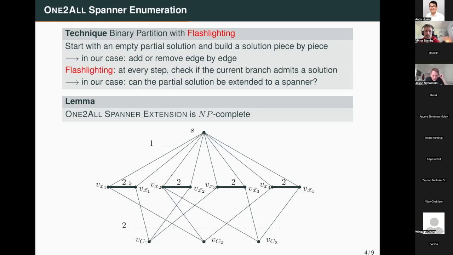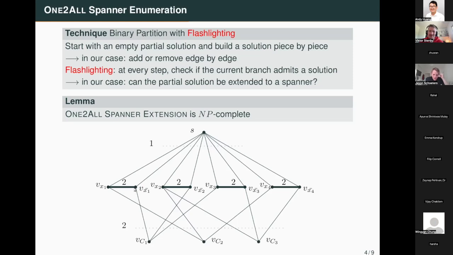Because as I tried to explain earlier, if you try to extend your partial solution by selecting this edge, that translates to the SAT instance selecting x1 to be true and not x1 to be false, and vice versa if you select this edge instead. Can you see my mouse, by the way? I hope so. Yes. Okay, good.